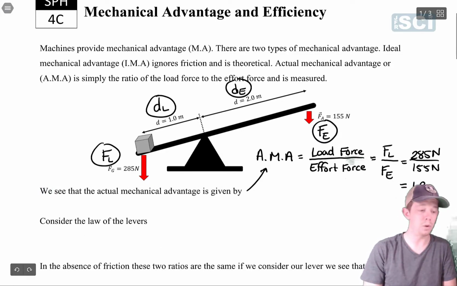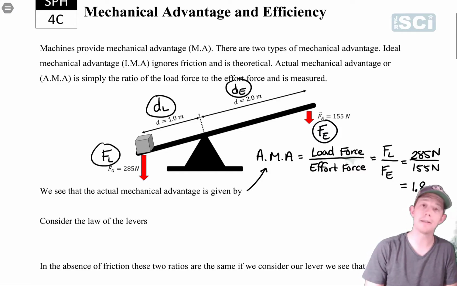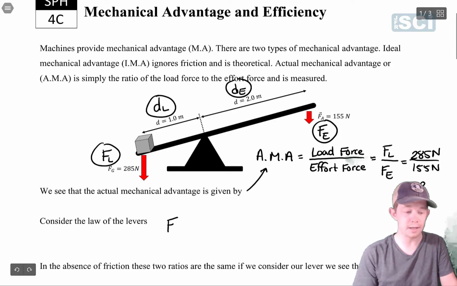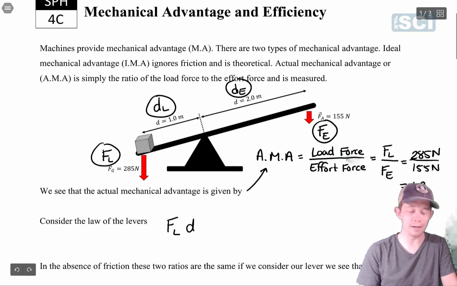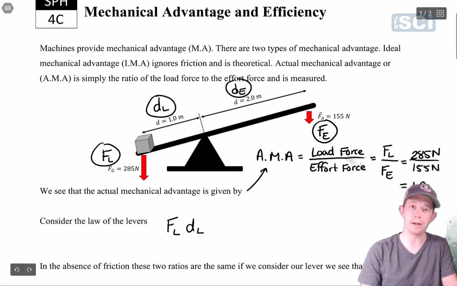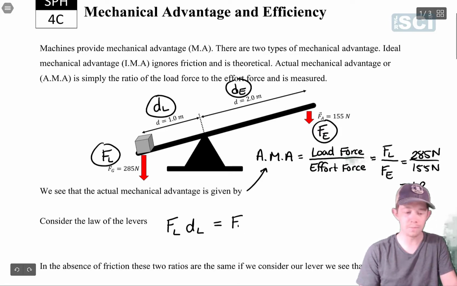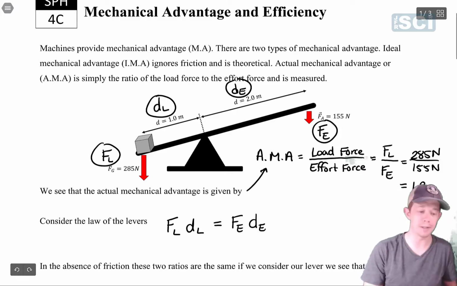All right, so if we look at the law of levers, the law of levers tells us that the force of the load multiplied by the length of the arm on the load side of the fulcrum is equal to the force of the effort multiplied by the length of the arm on the effort side.